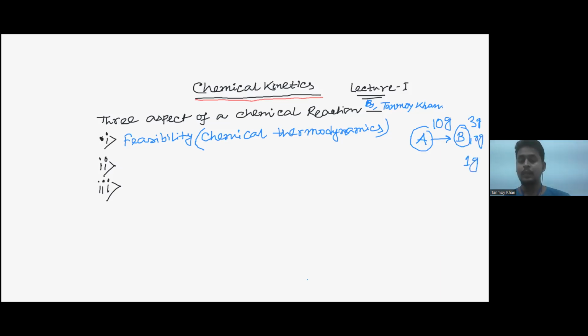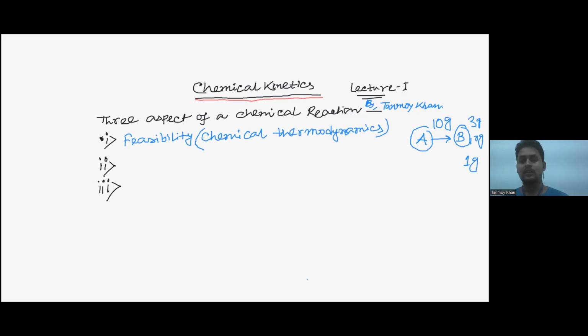You need to know, because let's think about any industrial reaction. An industrial reaction should have the quality that it transforms as much as possible. If you start with 10 gram and get only 1 gram or 3 gram, then obviously this reaction is of no use, because more of the starting material will be there, a mixture of products, so many problems will be there.